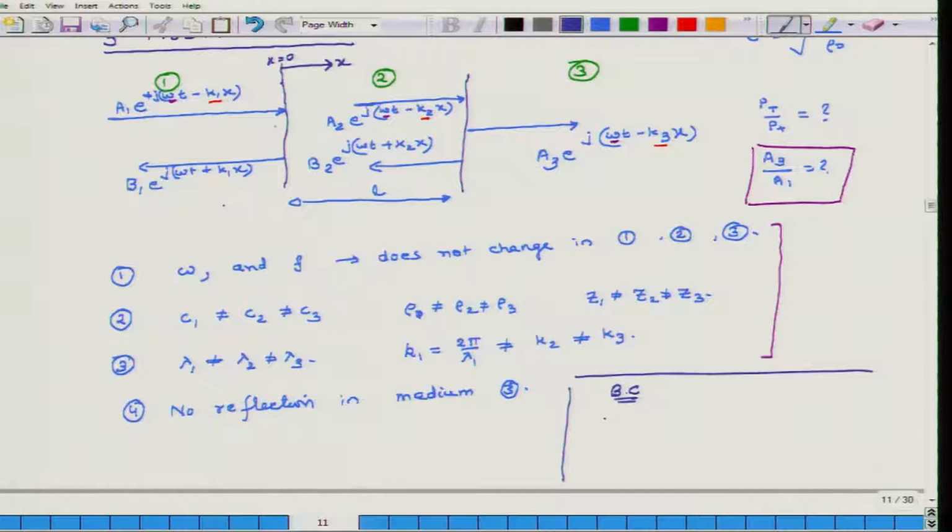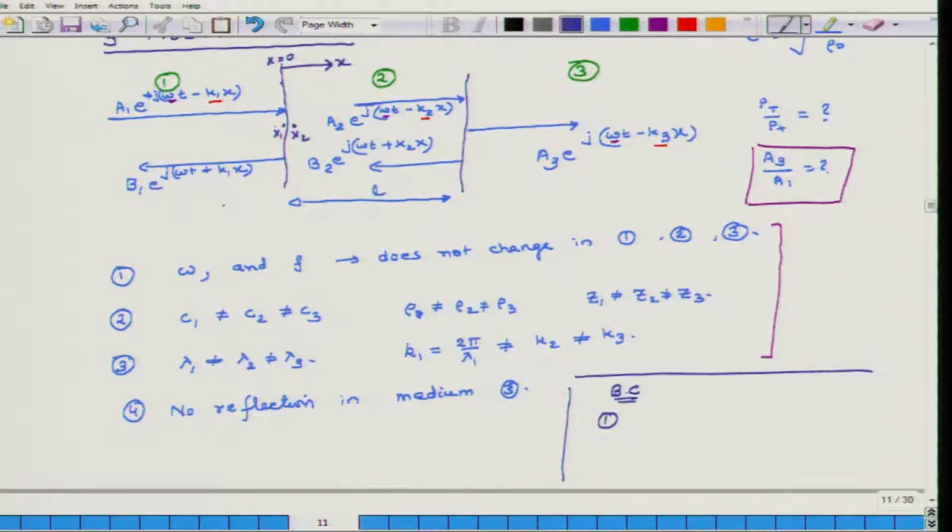The first boundary condition will be that at x equal to 0, consider a particle of fluid here and another particle of fluid. Let us consider this point as x1 and this point as x2, and x1 and x2 are extremely close to each other.